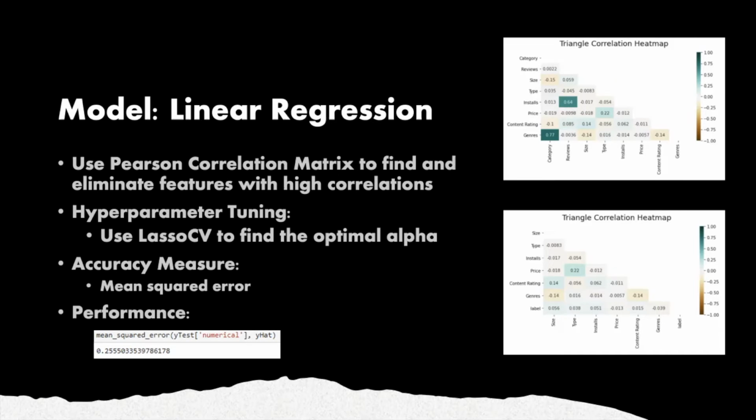So we got rid of one of each pair, and then we correlated the remaining features to the label and found that all of them have relatively similar correlation, so we just keep all of them. Then we use LassoCV to find the optimal alpha, and it turns out alpha equals 0 is the best. So we just use regular linear regression, and the MAE we get is about 0.25.